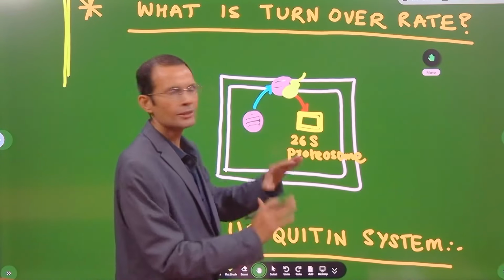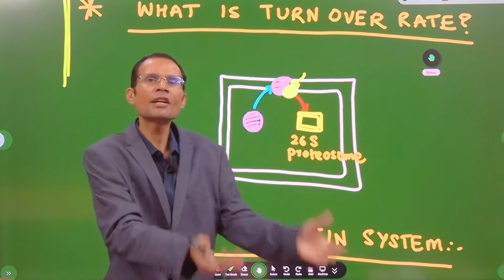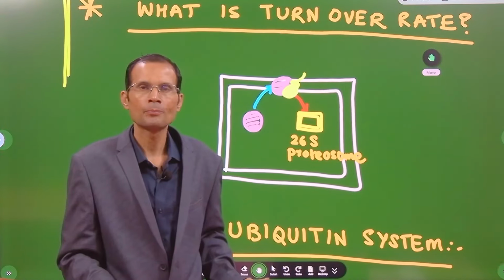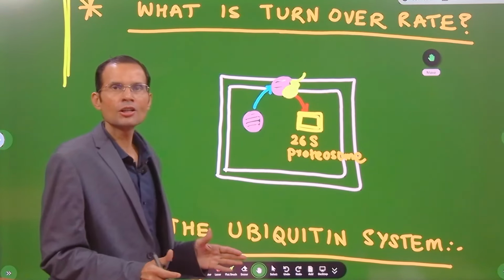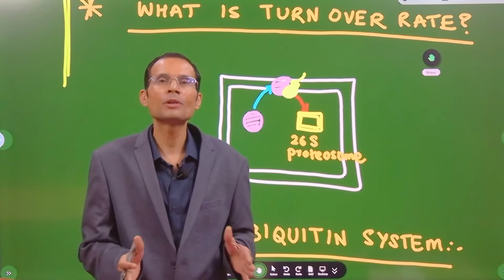This protein will be made free of ubiquitin so that it can continue to function for some more time. So the point I'm making here is there are two systems under the ubiquitin.